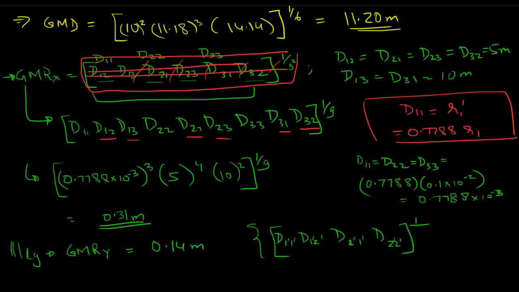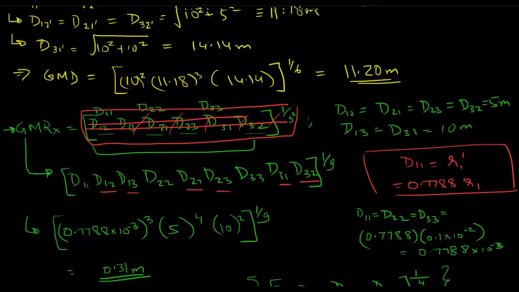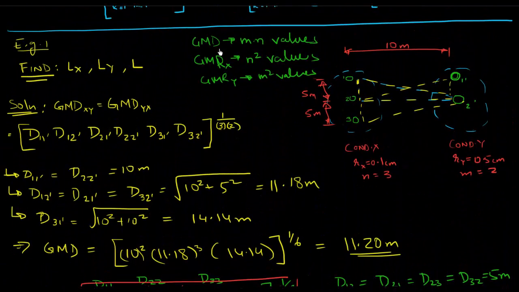M is nothing but 2, so 2 square 4, and you have 4 terms in here. So please remember, always check this, make sure you're not missing any values. GMD should have m times n terms, GMRX should have n squared terms, and GMRY should have m squared terms.